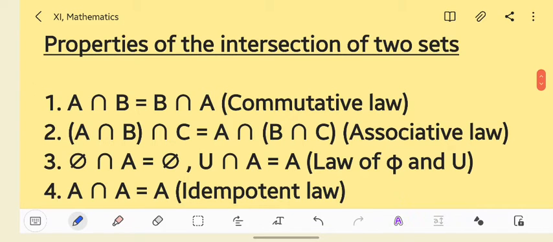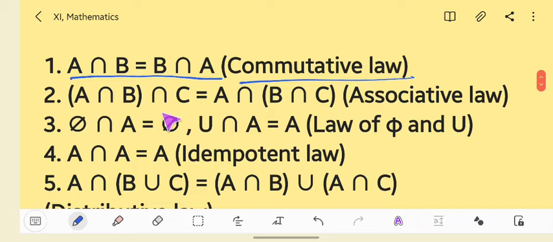Properties of sets now. A intersection B is equal to B intersection A, which we have seen earlier also in the previous class regarding the union of sets. That is commutative law. A intersection B intersection C for 3 sets, we can write as A intersection (B intersection C), which becomes associative law. It is nothing but the change of bracket positions.